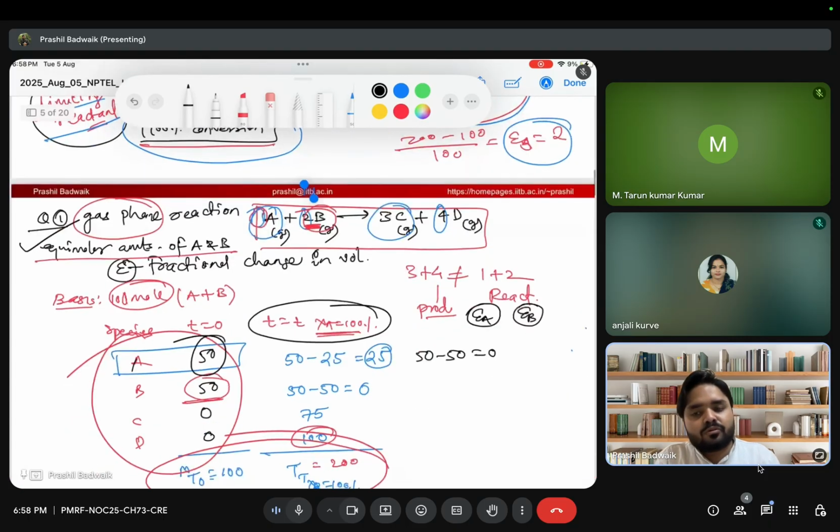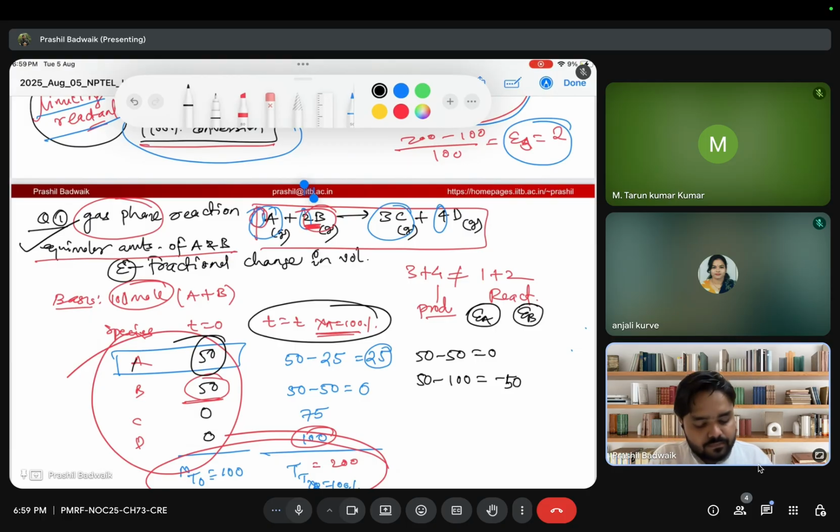If 50 moles of A react, then how many moles of B will react? 100. Correct. So initially 50 were present, 100 reacted, so what remains is minus 50, right?